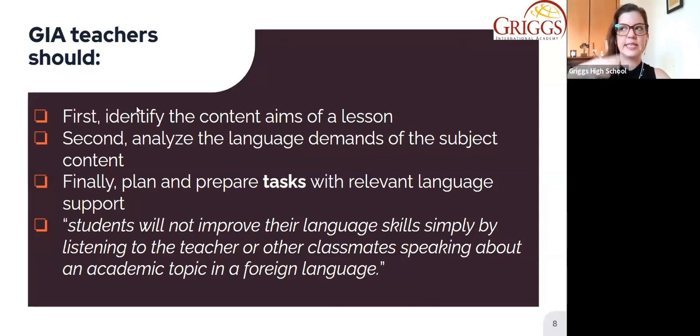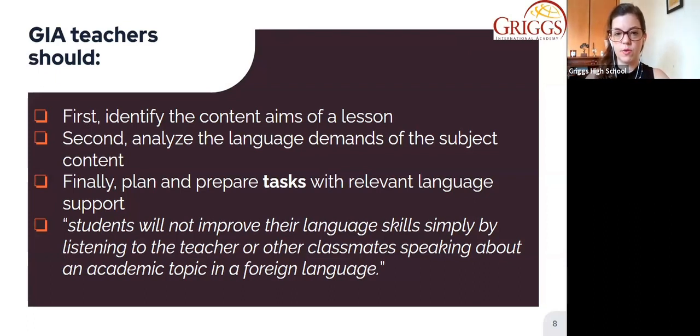So what are the steps for us to prepare a good GIA lesson? First step, identify the content aims of a lesson. So of course, the first thing when you're going to prepare a lesson, the first thing you're going to think, what do I need to teach?